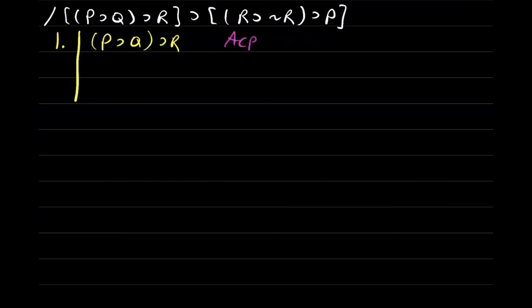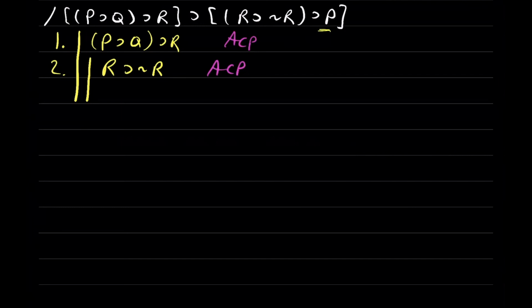But if you notice, what's in the bracket on the right is itself a conditional. So I'm going to do another conditional proof sequence inside the first one to prove that conditional on the right. The antecedent of that is R implies not R. ACP. Now all I'm trying to get is P on its own line.